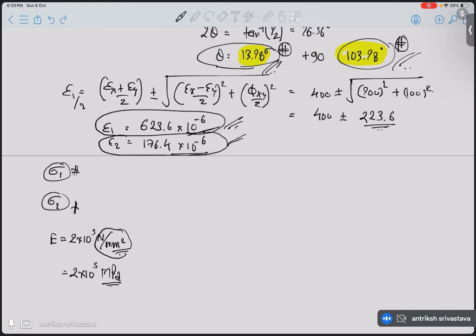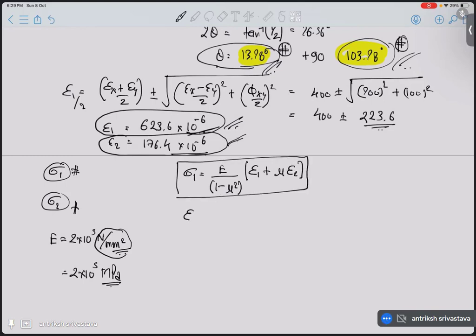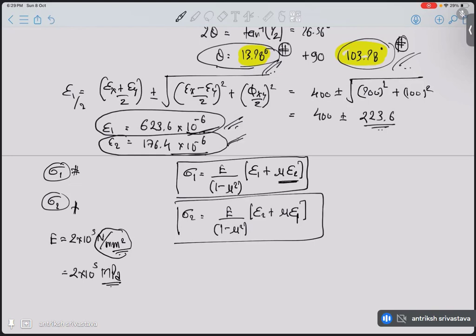Now let's try to get the principal stresses. So there is a formula for this. Usually I don't like remembering formulas, but some of them we have to remember. So this is the formula for the major principal stress, and this is the formula for the minor principal stress. Notice that epsilon is multiplied with the minor for major, and epsilon is multiplied with the major for the minor stress.